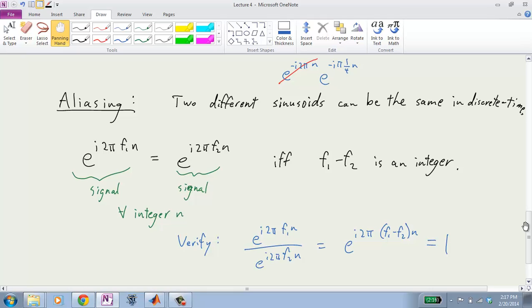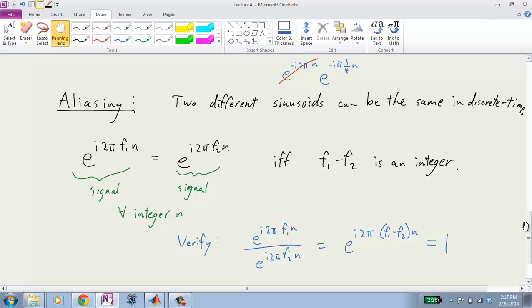That's all it is. Now for sinusoids, there are other possibilities of aliasing besides their frequencies differing by 1. The reason is that a sinusoid has two complex exponentials. And if you look at it carefully, which you will through the rest of the course, you'll see that you can alias even if their frequencies aren't differing by 1, because one of the complex exponentials aliases with the other one on this side, and this one aliases with the one on this side.